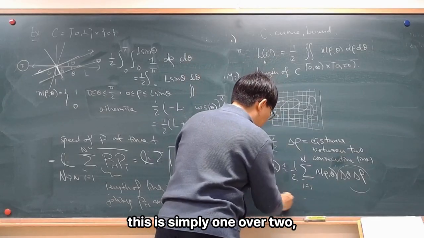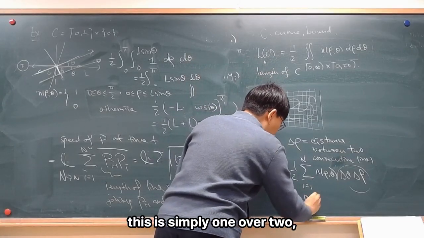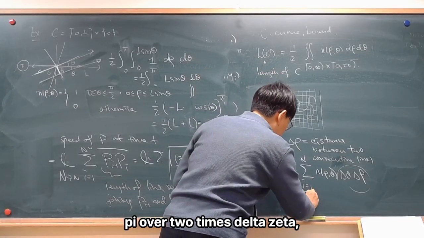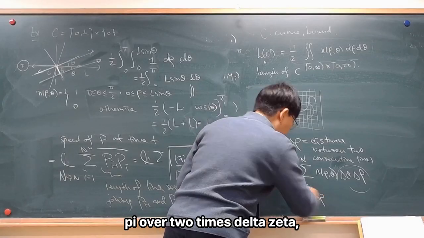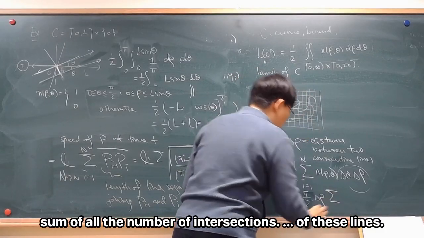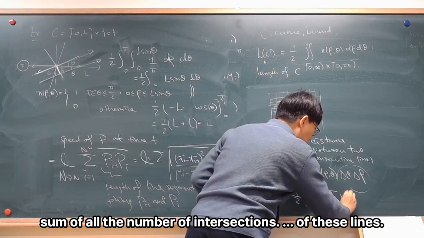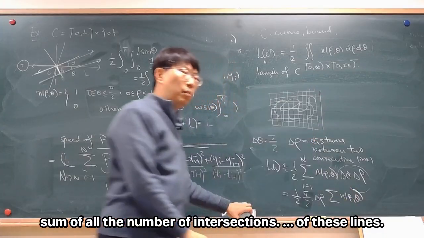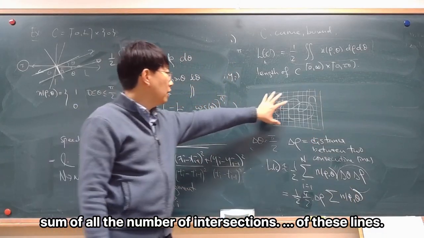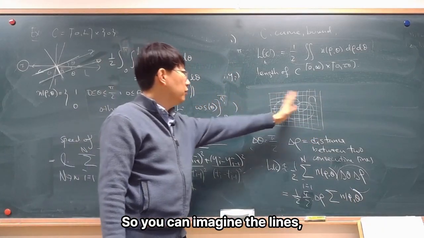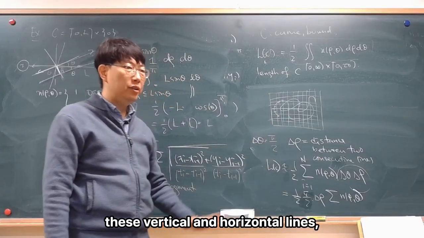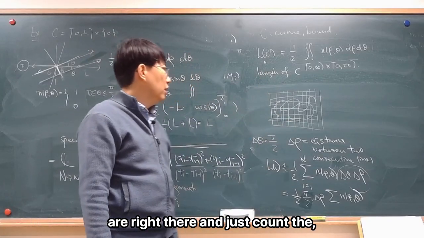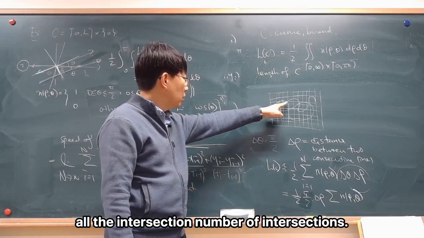So what happens is this is simply 1 over 2, times delta theta, times the sum of all the numbers of intersections of these lines. You can imagine the vertical and horizontal lines are right there, and just count all the intersections.